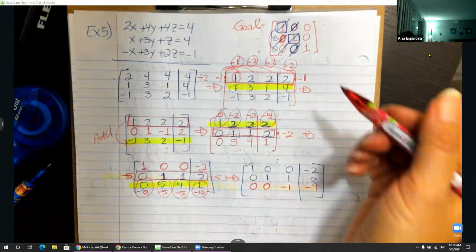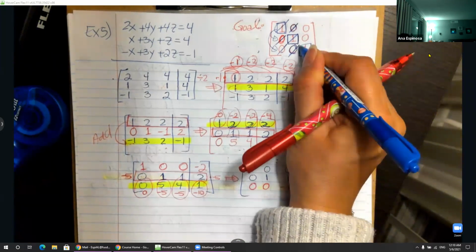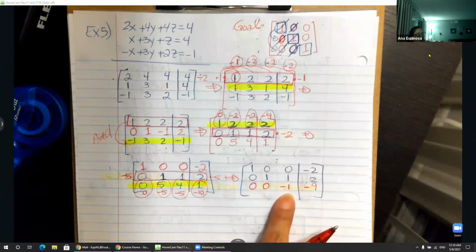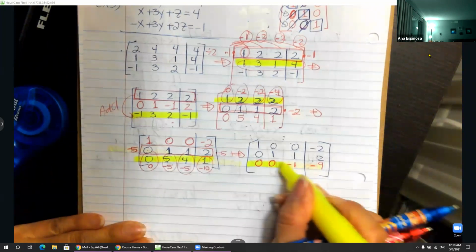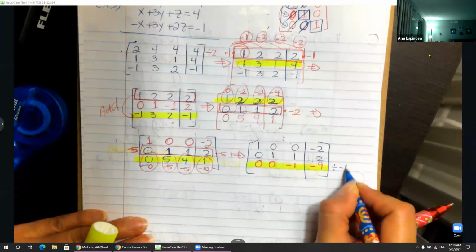All right, I need a 1 in this position. So I almost have it. So what I'm going to do is just divide by negative. I'm going to take my highlighter and highlight that because that's the only thing I'm changing. And that means divide by a -1.